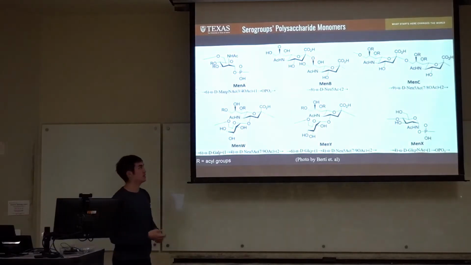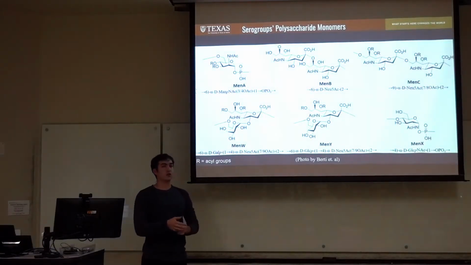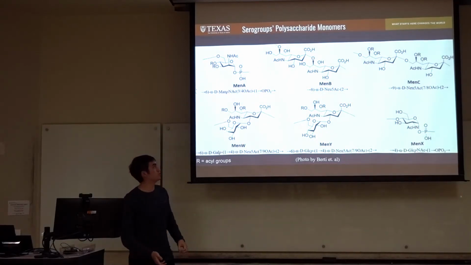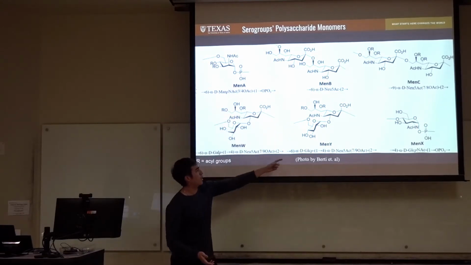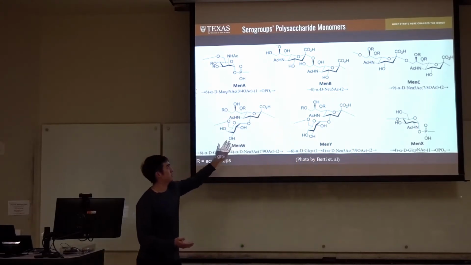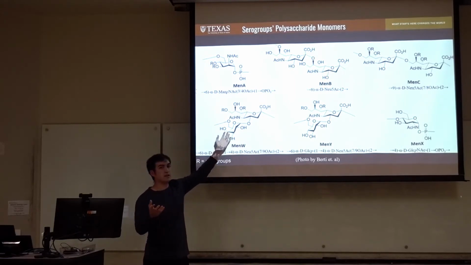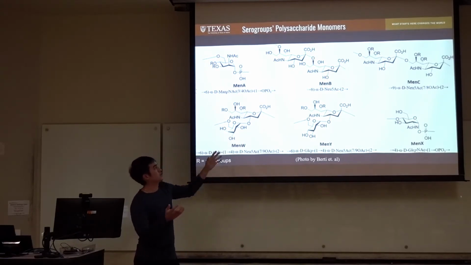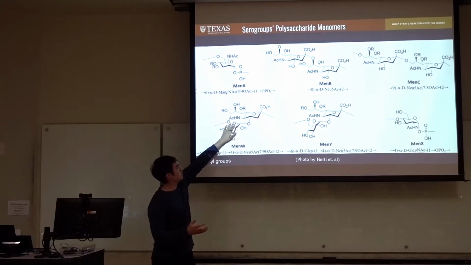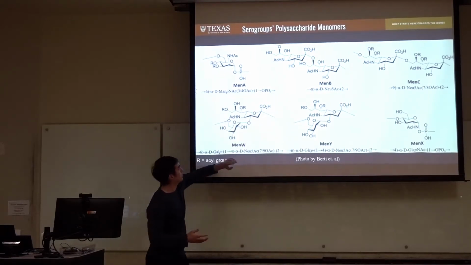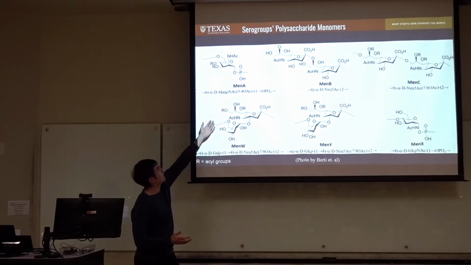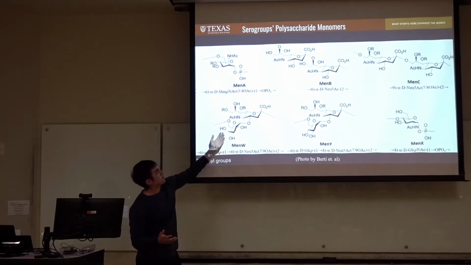So as I was saying, here are some of the structures of the serogroup polysaccharide groups. There's A, B, C, W, Y, and X. Basically, they just differ in monomers. Most of them consist of glucose rings with acyl groups attached to them.